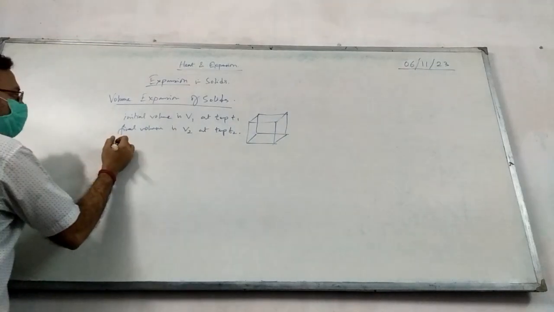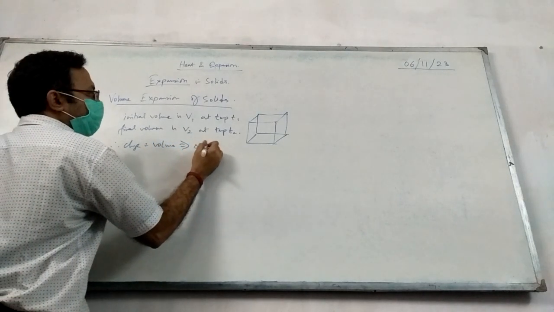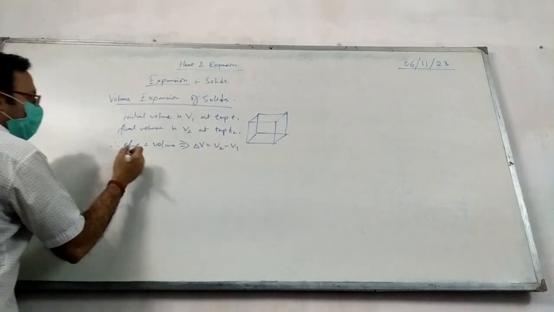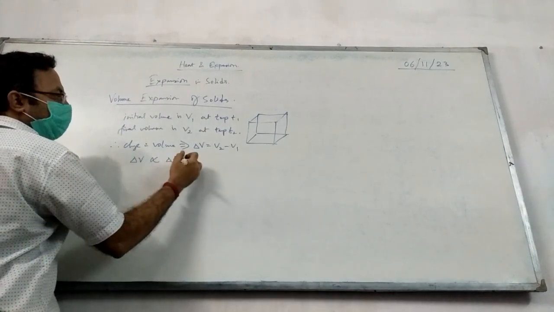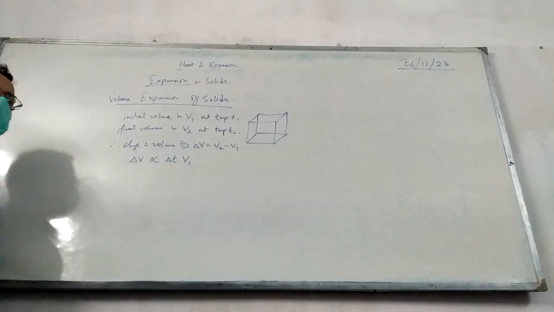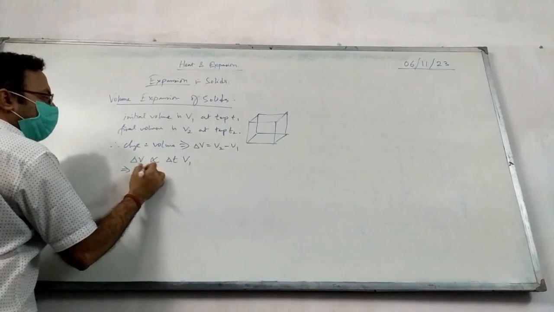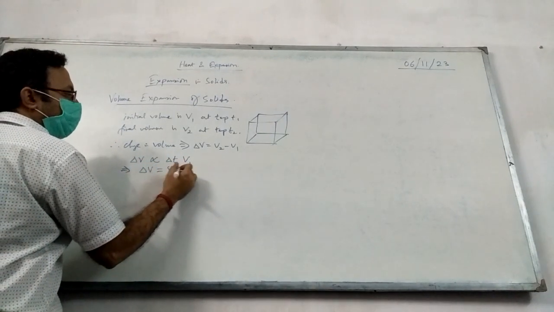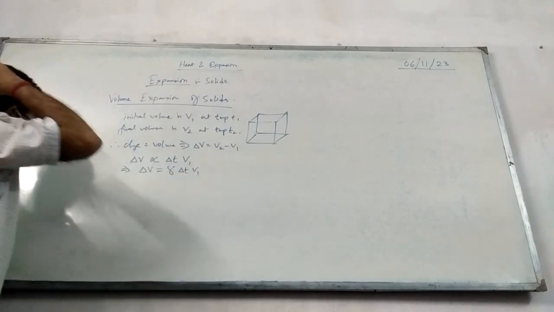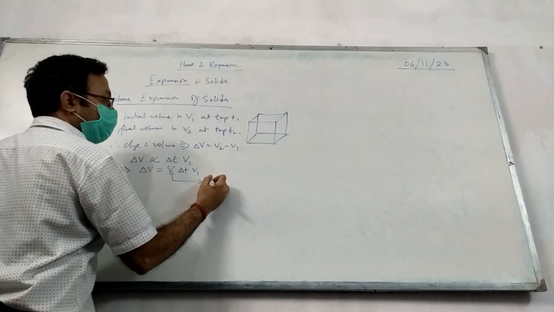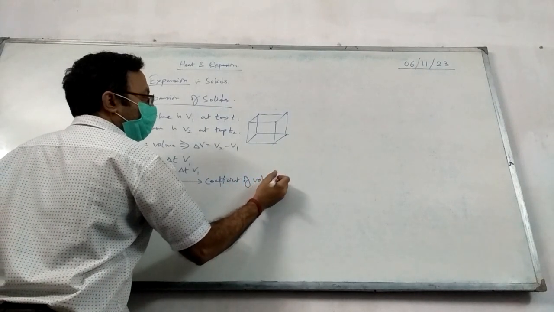So change in volume delta V is V2 minus V1. Delta V is directly proportional to change in temperature and also directly proportional to initial volume. If we remove the proportionality sign, delta V can be written as gamma V1 delta T. Gamma is the coefficient of volume expansion.